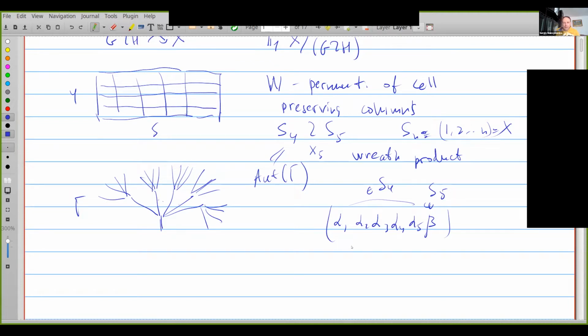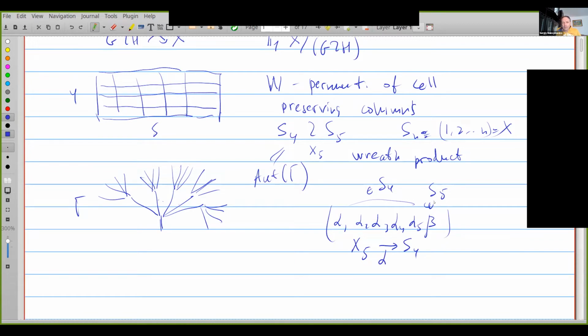And finally, this means how to formally define this group. This collection can be viewed as a map from the set X5 to the group S4. If I enumerate these positions by 1, 2, 3, 4, 5, then these elements can be regarded as the values of some function alpha on this set.